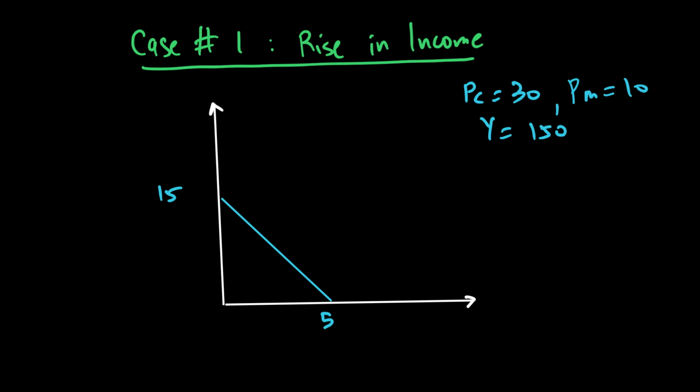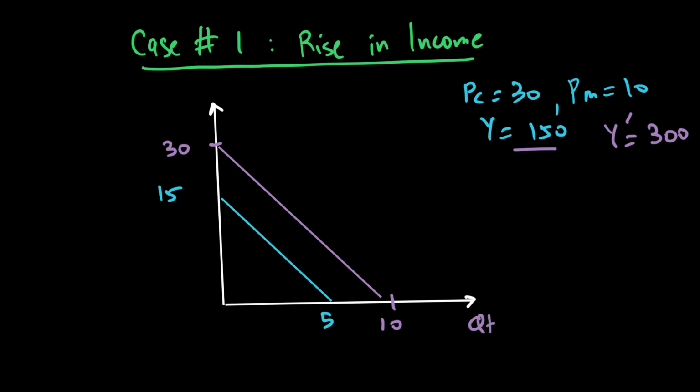But if I double your income from 150 to Y dash of 300, now 300 divided by 10 means you can buy 30 movies, and similarly 300 divided by 30 means you can buy 10 concerts, which means my budget line is now going to shift to the right in a parallel manner.